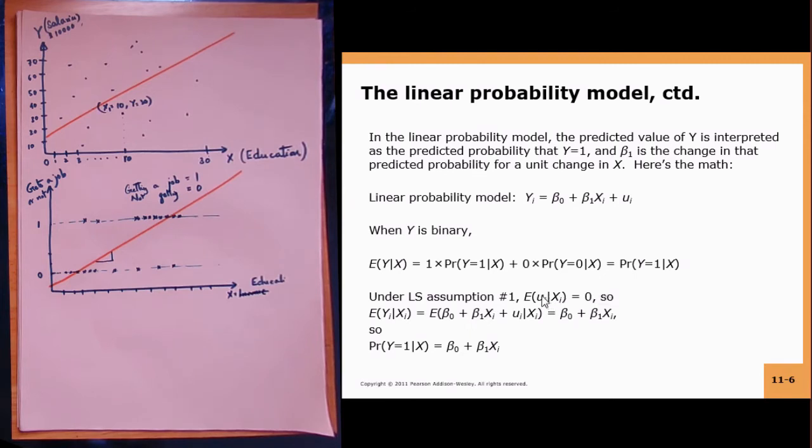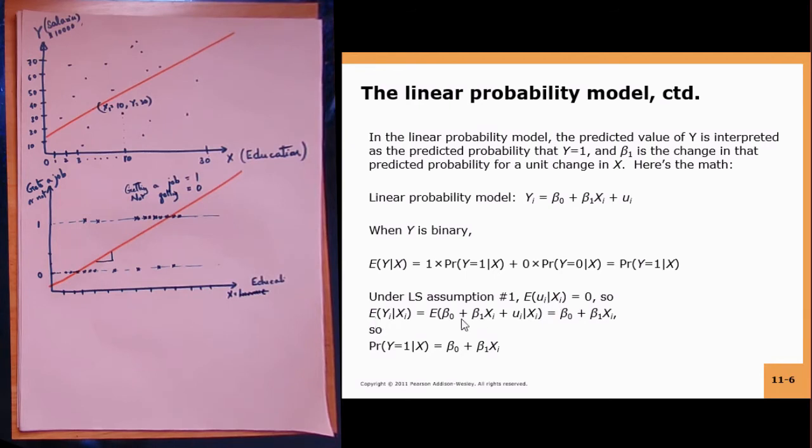Because the average mean across all values of x_i, you hope to fit a curve such that the average means will be 0. The expected value of u_i will be 0, or u_i will be uncorrelated with x_i.